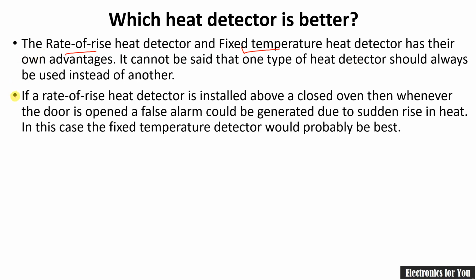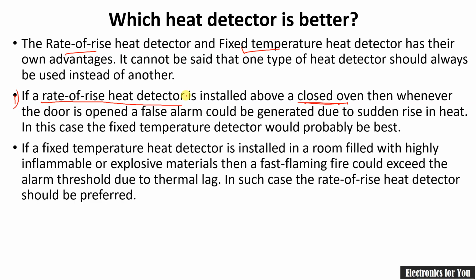If we have a closed oven in a room, and the door of that oven is opened, the temperature will rise suddenly, and if a rate of rise heat detector is installed in such a room, it will give a false alarm, because the temperature increased just because the oven door was opened and not due to fire. Therefore in such a case a rate of rise detector should not be used.